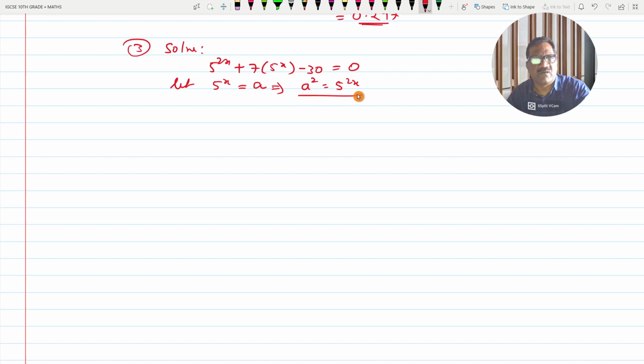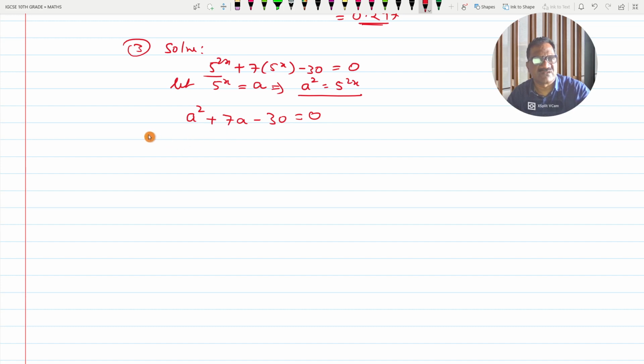Now this I'm going to replace here. So 5 raised to 2x, I'm going to write a square, plus 7, 5 raised to x is a, so 7a minus 30 equals 0. Now this happens to be a quadratic equation, and the variable is a. So think of two numbers whose product is 30 and the sum is 7.